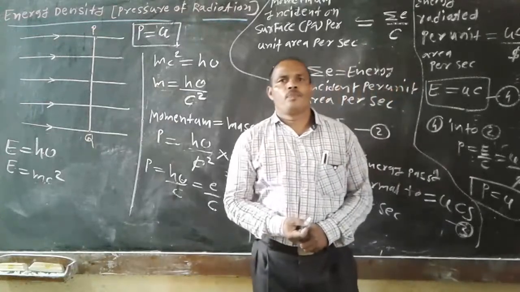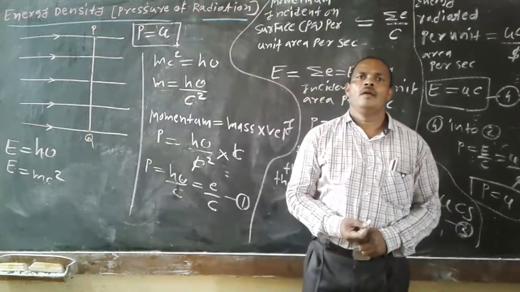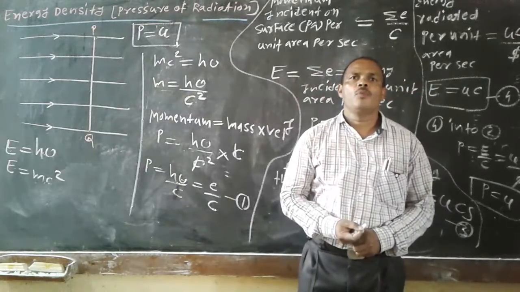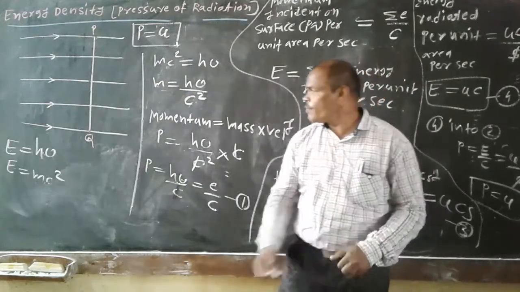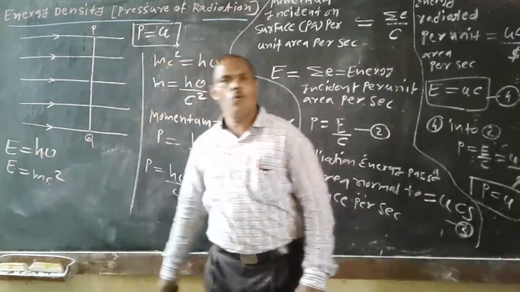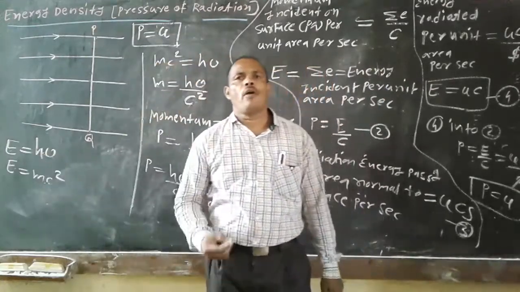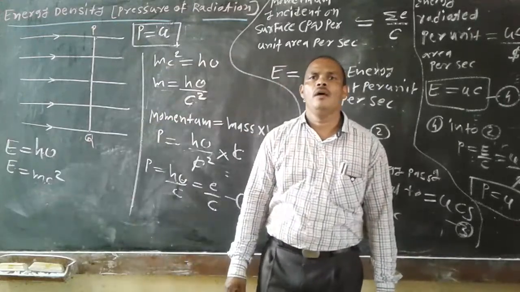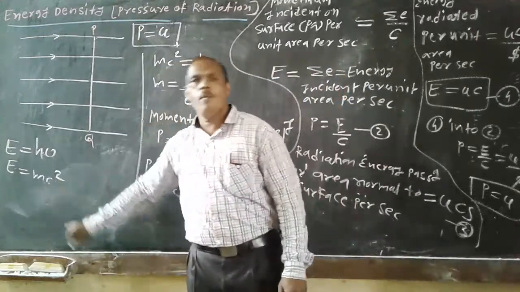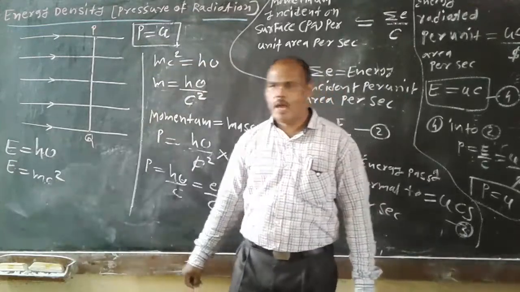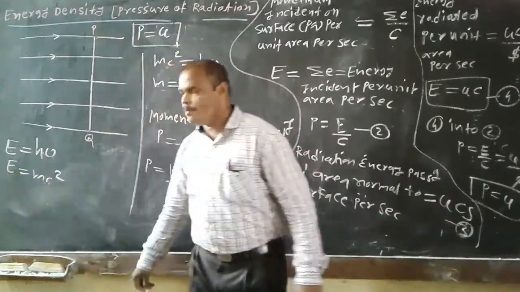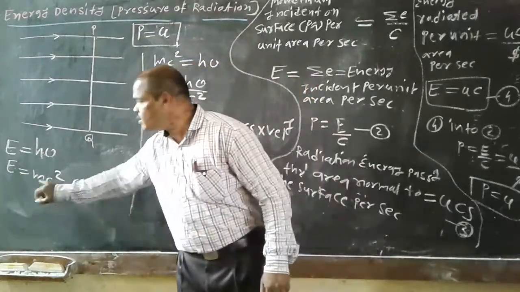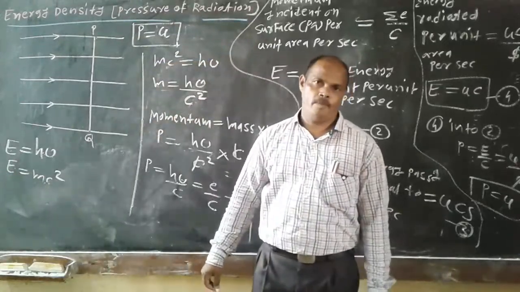So we know that according to Planck's quantum theory, radiation consists of photons. Energy of the photon is given by E equal to h nu. Then according to Einstein's mass energy relation, E equal to mc square, where E is energy, m is mass, c is velocity of light.